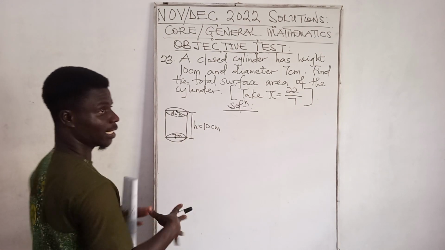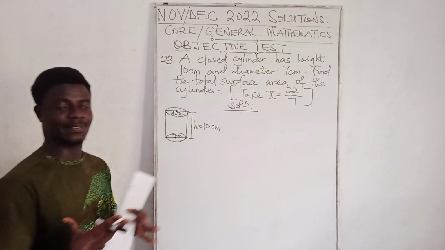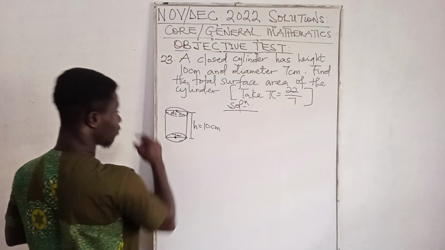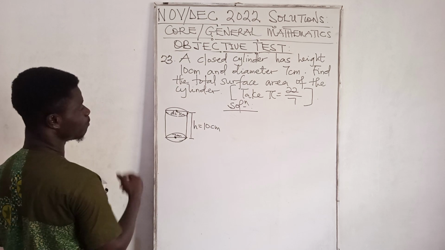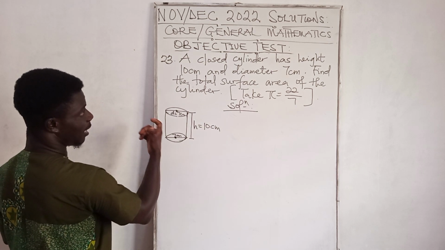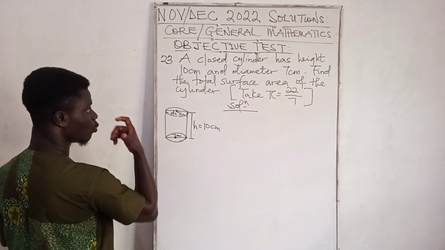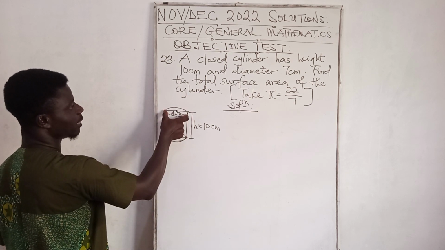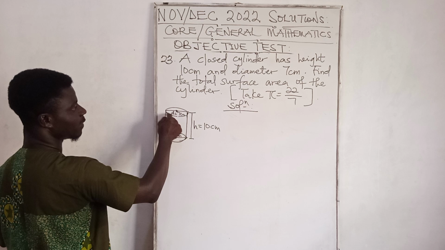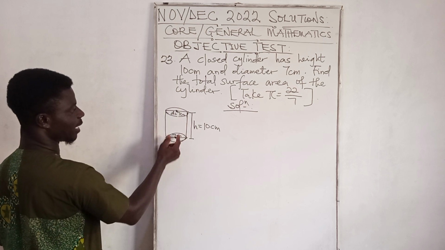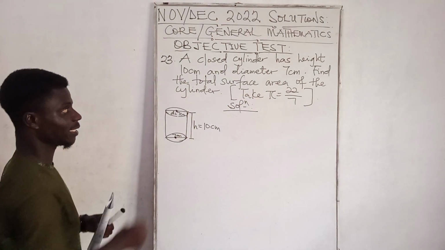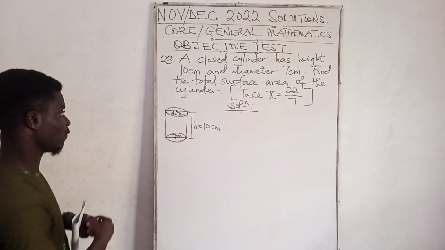A typical example of this cylinder is a tin. So now, how can we find our total surface area? We have to find the area of this circle, then the area of this circle, then the curved surface area. Then we add them to get our total surface area.